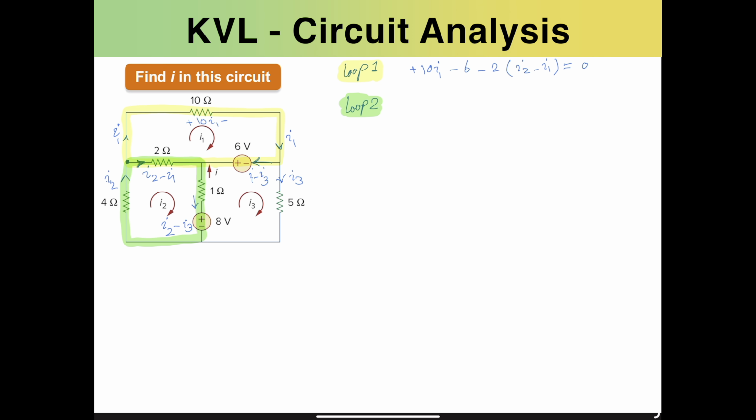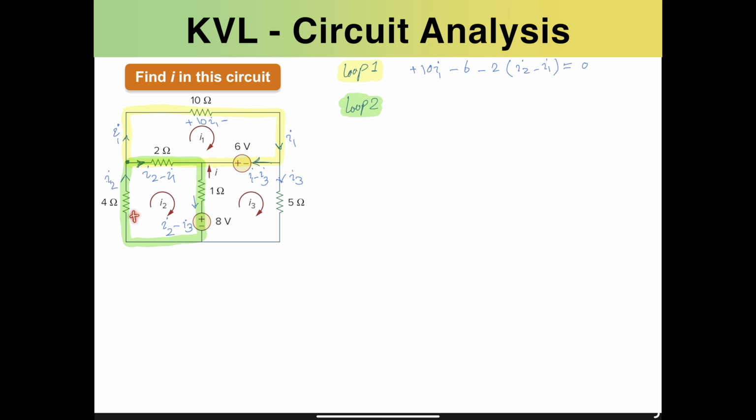Now for that also, we need to start from an arbitrary position, and in this case, I would choose this bottom point, and flowing according to this I2, we need to first go up. The voltage drop across this 4 ohms is in the direction of this current flow.